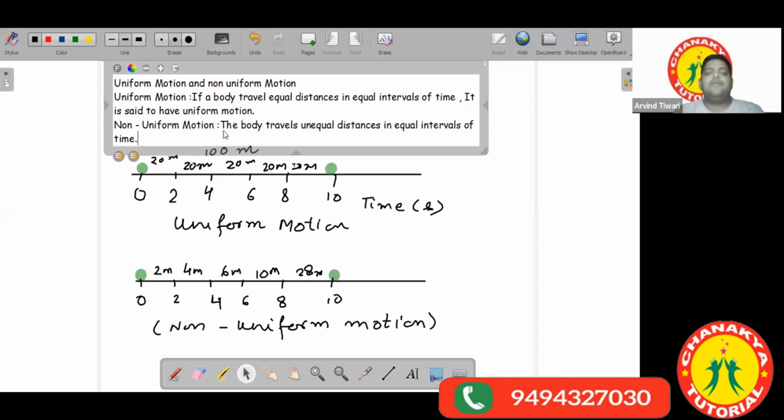So if an object covers unequal distances in equal intervals of time, that will be a non-uniform motion.